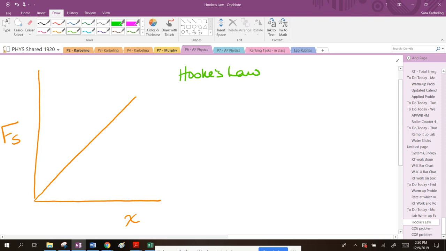It just says that as the displacement of a spring gets bigger, or as it stretches more, the spring force gets bigger. It's true. Y equals mx, right? Fs, the spring force, is equal to some constant times the displacement.